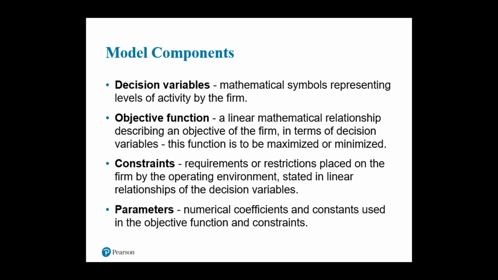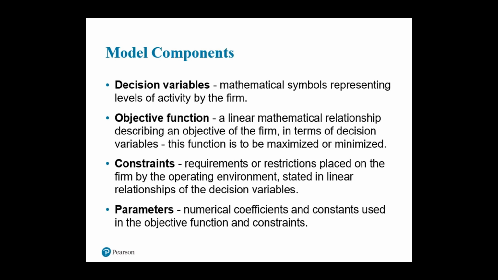In other words, if it is a firm that is producing yarn, then the number of units of yarn to produce is the decision variable. If it is producing maize, the number of bags of maize to produce will become the decision variable. Then there is an objective function, which can be a minimization function or a maximization function.